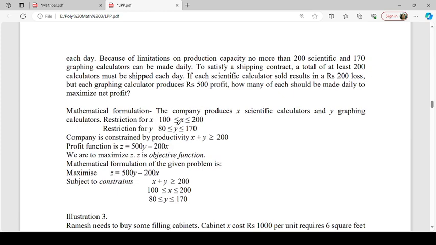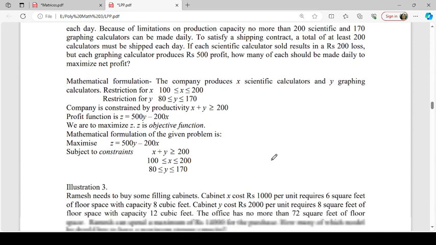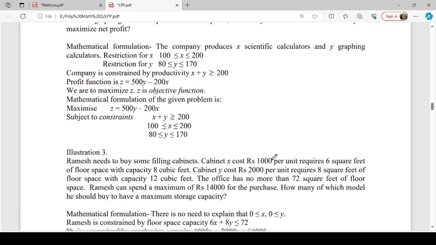So these are constraints. X is between 100 and 200, y is between 80 and 170, and the company has constant productivity. For this, x plus y should be greater than or equal to 200. So this is the profit function. We need to maximize it. So we find a region and see the values.